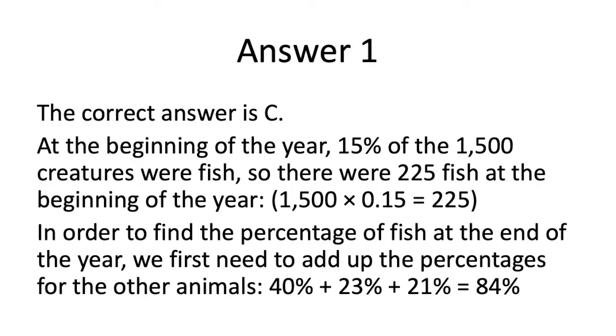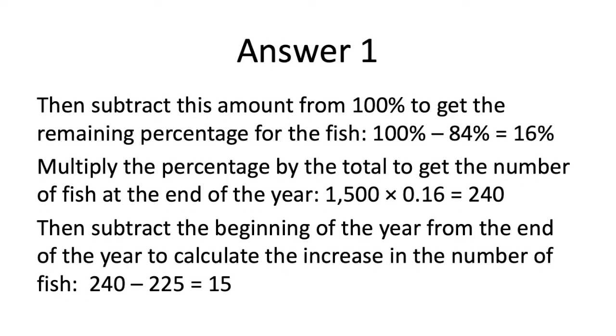Let's go on to the answer to question 1. The correct answer is C. Please note that the answer continues on the next screen. Now pause to read the solution. Here is the final part of the solution. Now pause to read and study the information.